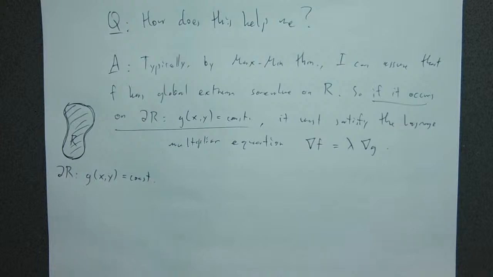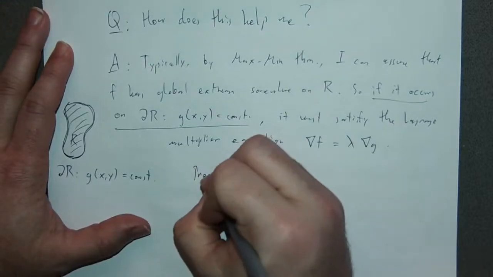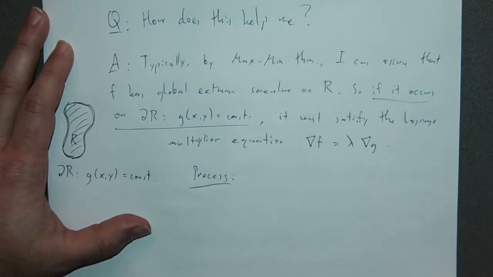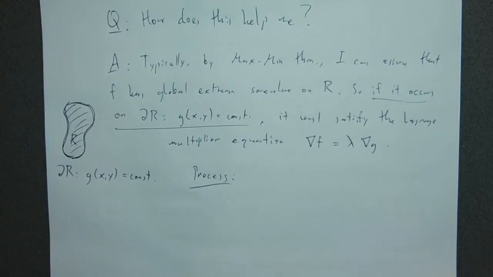All right, well that's great, but again, how does that help? What am I doing here? What is the process? First of all, this is the process not just for finding global extrema on the boundary, this is the process for finding global extrema for the function, period.